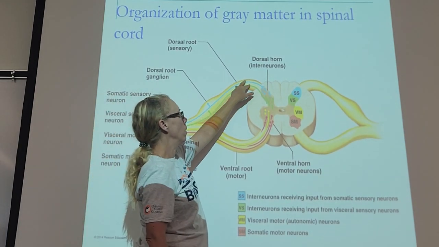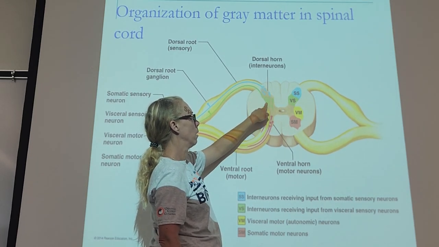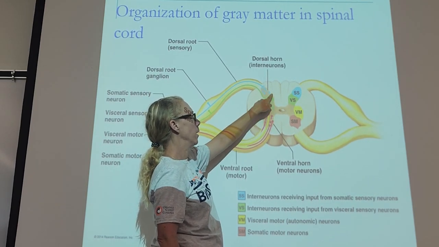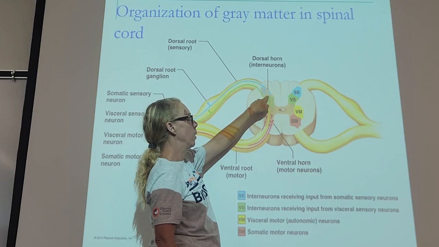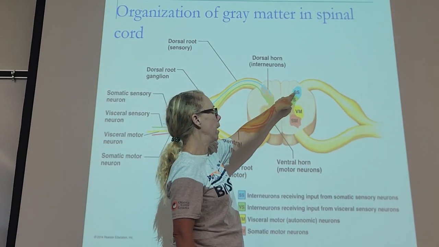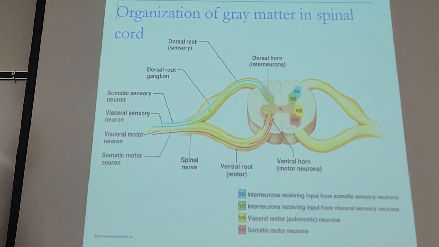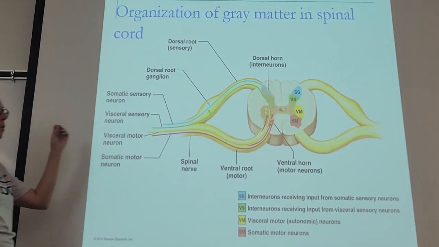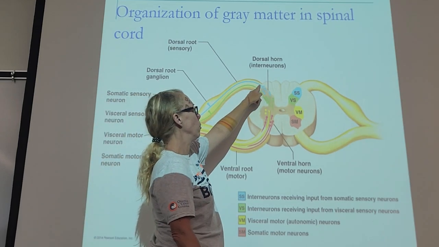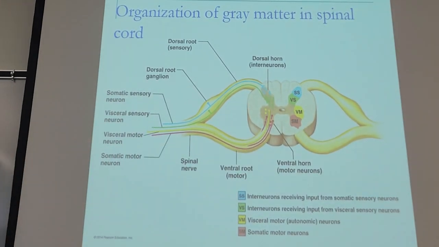They are going to terminate in what part of the spinal cord? Gray matter. Gray matter specifically where? The posterior horn. So in the posterior horn is where we have the axon terminals of somatic sensory and visceral sensory neurons. That's why the posterior gray horn of the spinal cord, I told you, makes a connection to the outside of the spinal cord, because it's receiving sensory information.